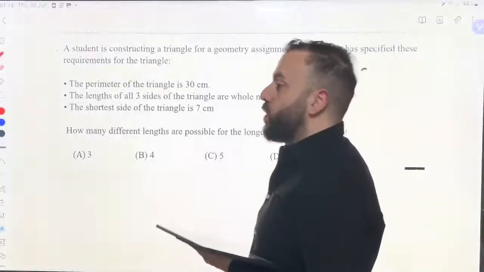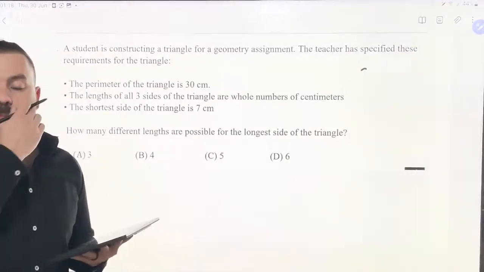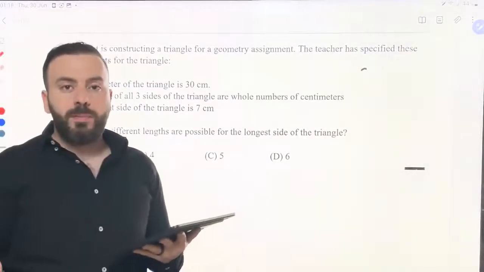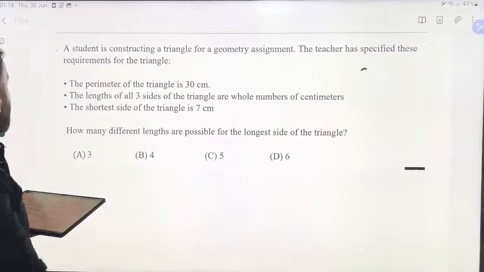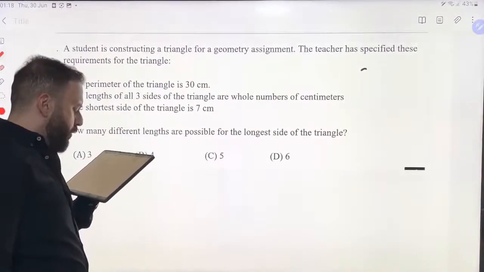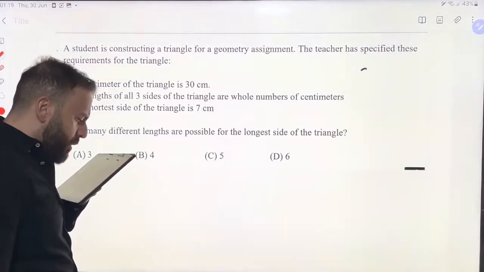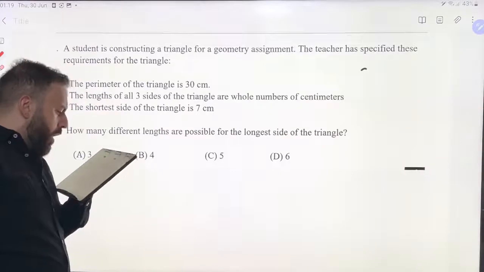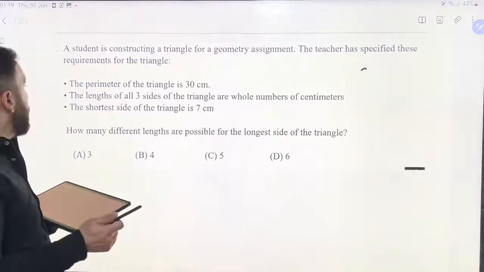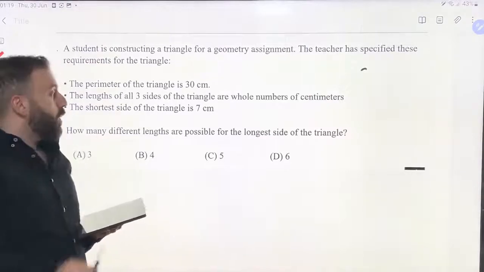Now for this question, it came in the M1 exam, maybe recent sessions, I'm not sure. A student is constructing a triangle for a geometry assignment. The teacher has specified the requirements for this triangle. The perimeter of the triangle should equal 30.